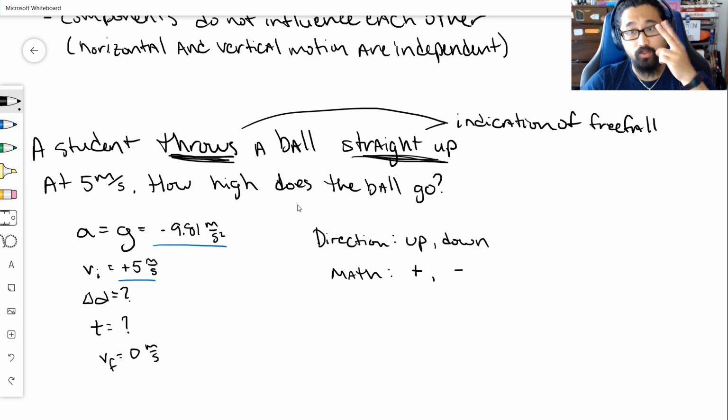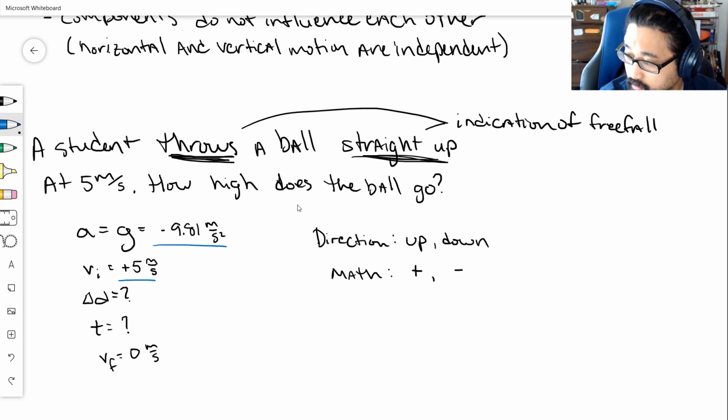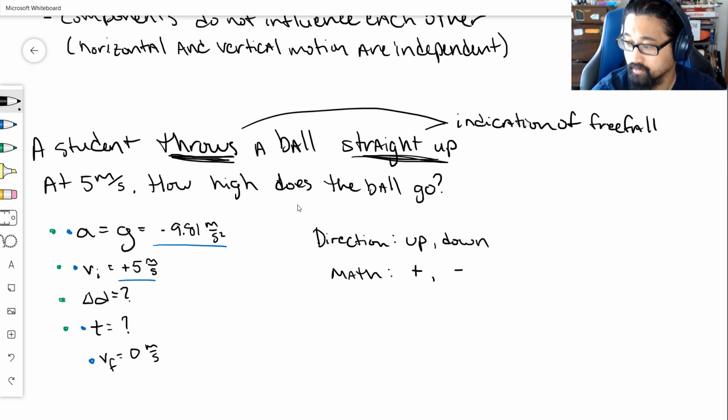Now I have two unknowns, which usually means that I need two equations. I can use the blue marks to find time, and then I can use the green marks to find distance.